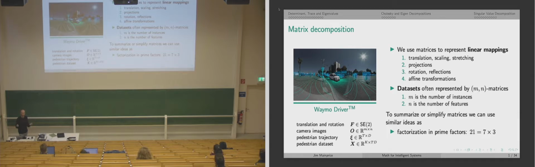So I have simpler elements, prime numbers, that represent 21. So that key idea of being able to decompose matrices into the product of simpler matrices might lead to much better numerically stable algorithms, and might lead to a better understanding of what the matrix is.